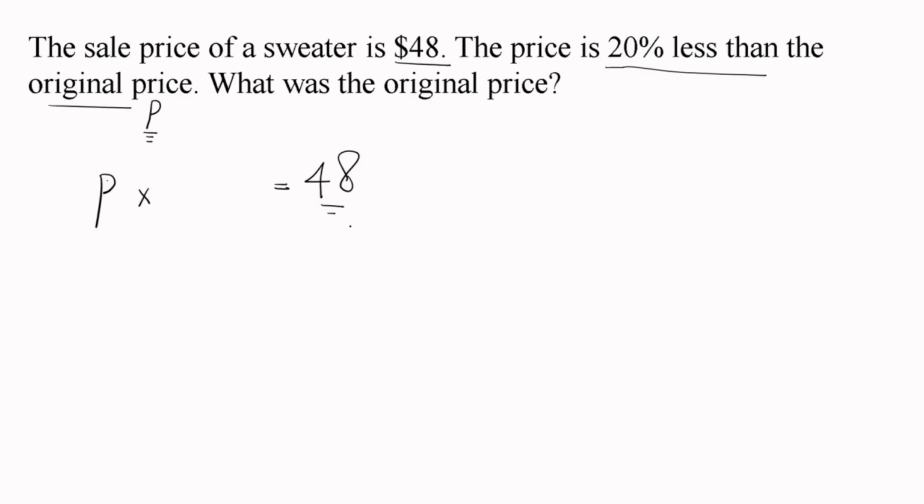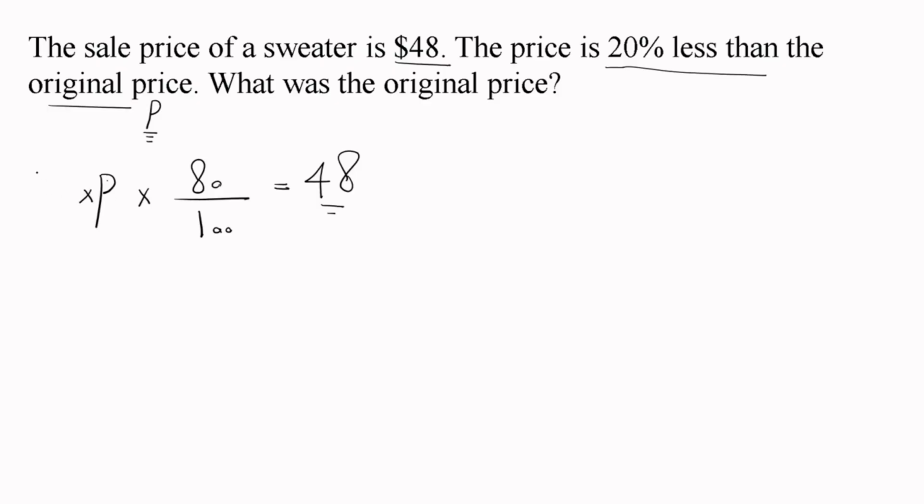So this 48 is 80%. What should I write? Should I write 80? No. I must write it in the form of a number. I'm going to write 80 over 100. Now I must make the coefficient of x 1. How? By dividing it by its reciprocal.